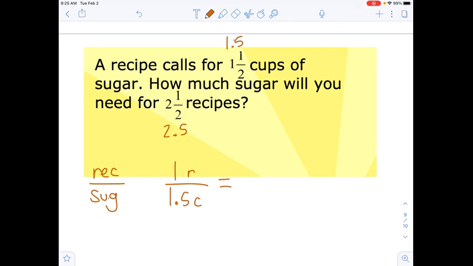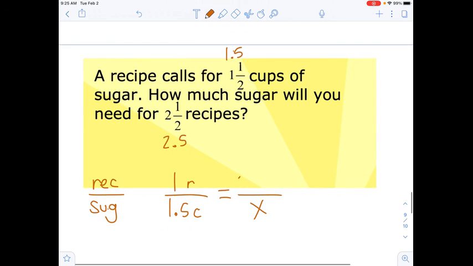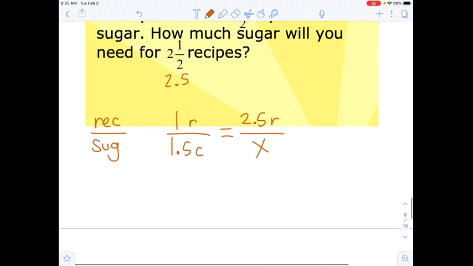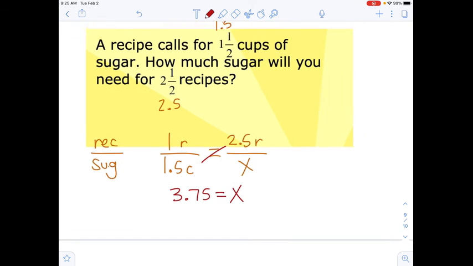And I'm going to set that equal to, it says how much sugar, so that's going to be an X on the bottom, cups of sugar, will you need for 2.5 recipes? So 2.5 R. To solve for X, I am going to cross multiply here. I'm going to take 1.5 times 2.5, and I get 3.75 equals 1 times X is just X, or 1X.